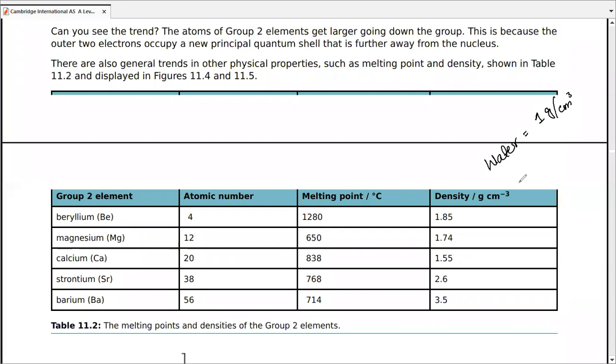Now, since the group 1 elements were like 0.5 or 0.4 or 0.8, whatever the exact values were, I'm just giving examples, gram per centimeter cube, they were always lighter than water in terms of their densities. So what they used to do was to float on water, turn into a molten ball. That ball usually caught flame because of the hydrogen being produced on reaction with water, and that's how it happened.